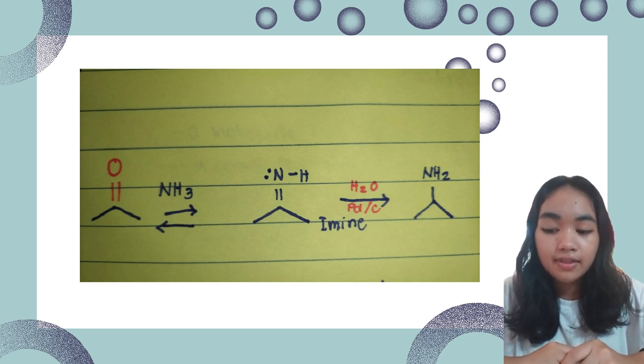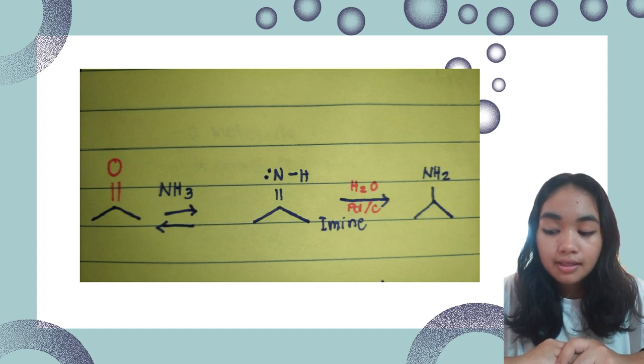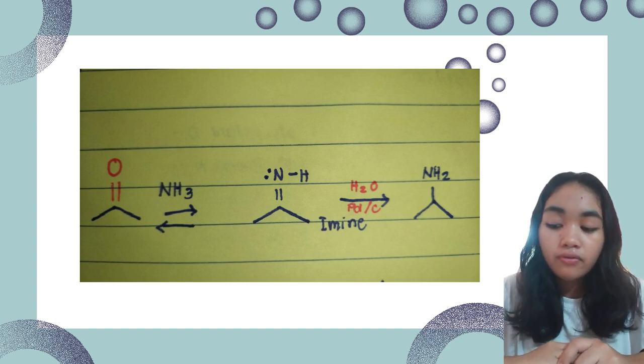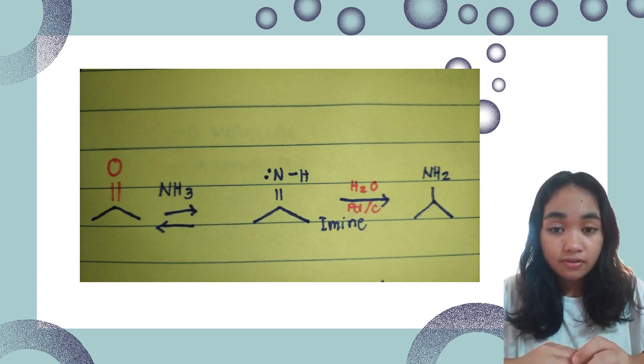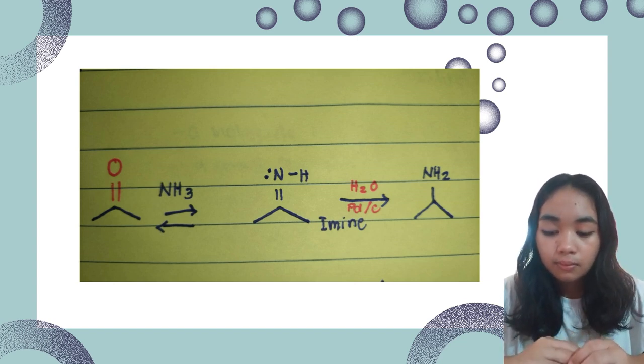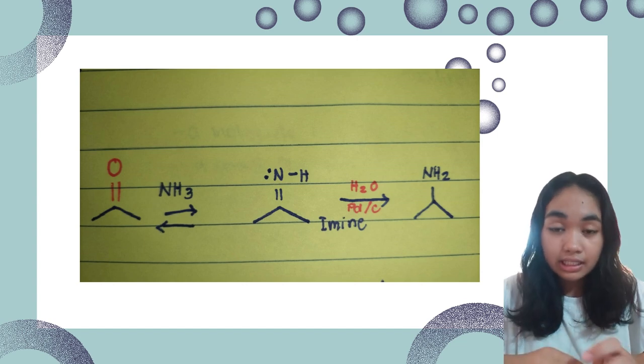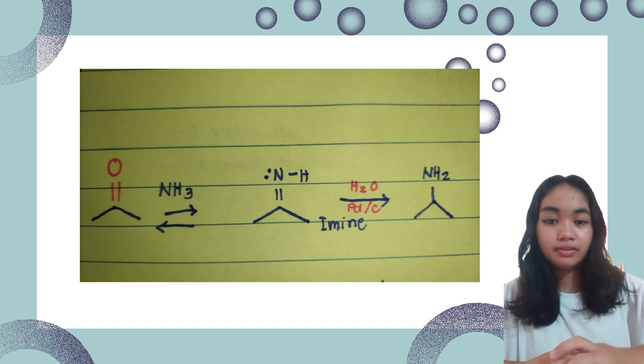Now we have the imine product, and then we can reduce the imine using hydrogen and palladium over carbon into an amine. The conversion of a ketone into an amine is reductive amination. That's all. Thank you.